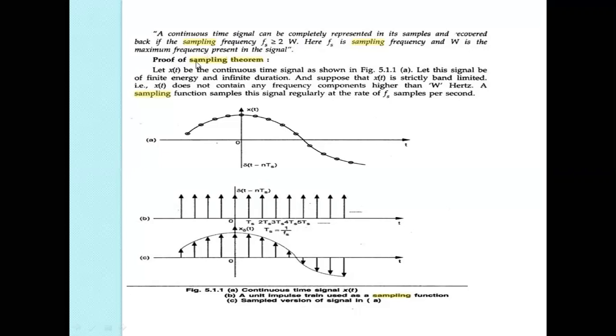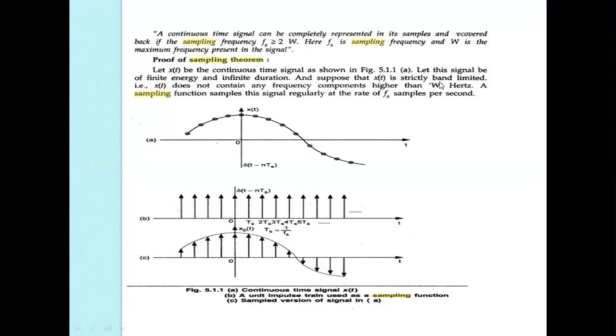Okay, my dear students, let us take the proof of the sampling theorem. Let x of t be the continuous time signal as shown in the figure. It is a continuous time signal of finite energy and infinite duration, from minus infinity to infinity.